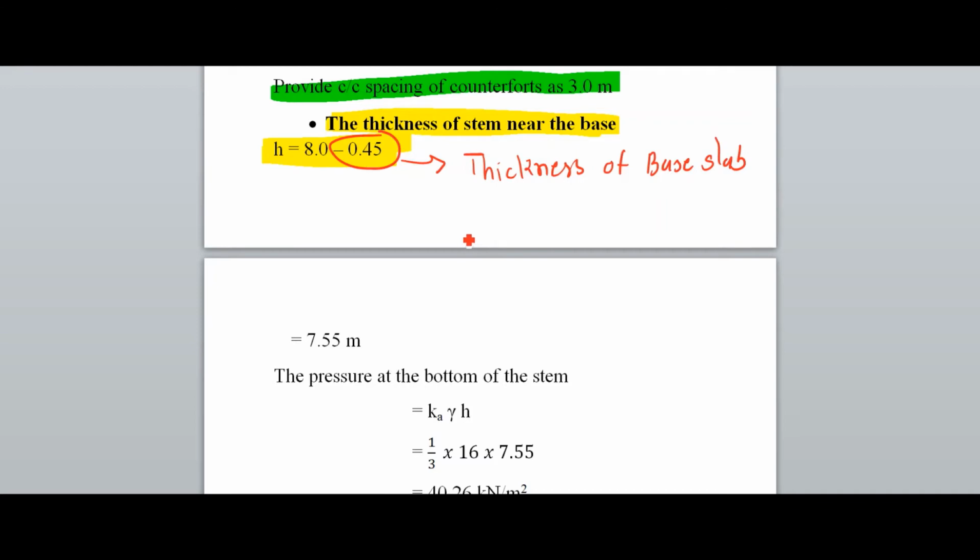So the total height of the retaining wall is 8 meter, minus 0.45, and the stem height is 7.55 meter. So we are going to design a stem for this height.